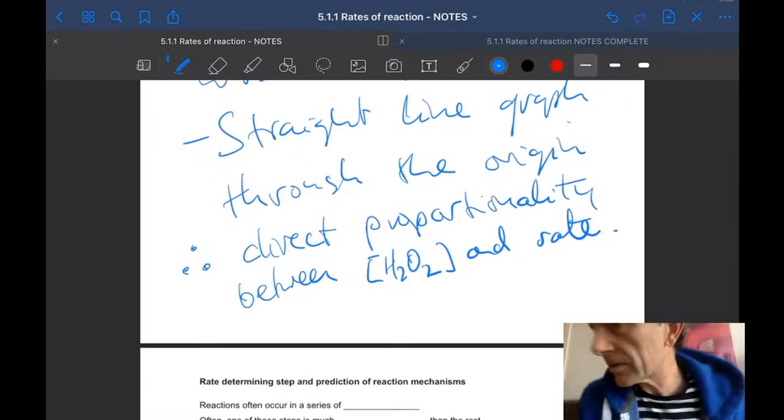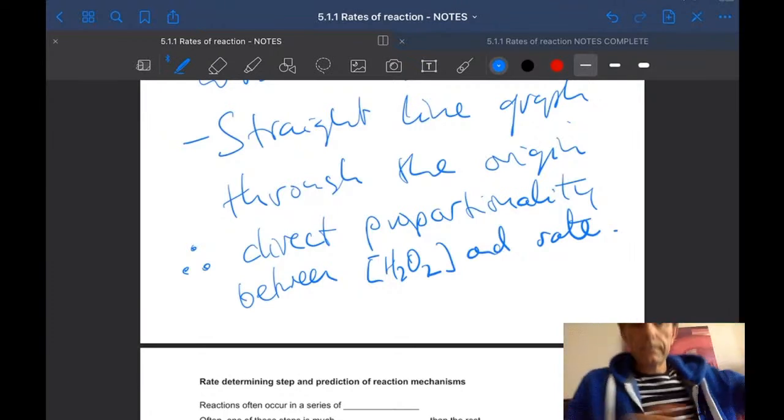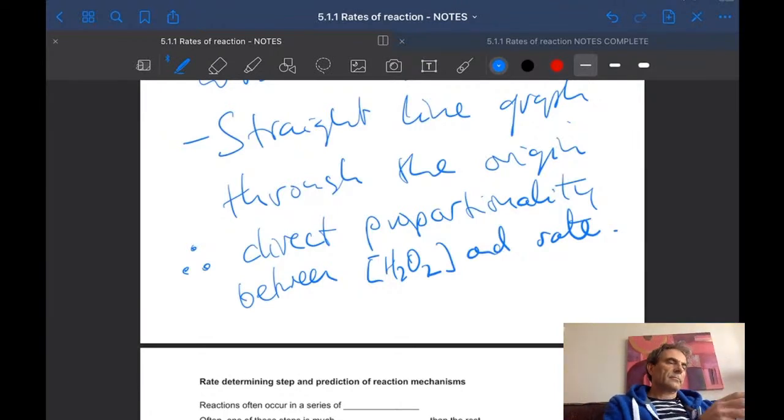Has anybody got any questions on what we've done this afternoon? If not, I will wish you a good weekend, and we will pick this up on Wednesday. So we've got rate determinant step and prediction of mechanisms, which is a great topic, and then we've got the Arrhenius graphs.